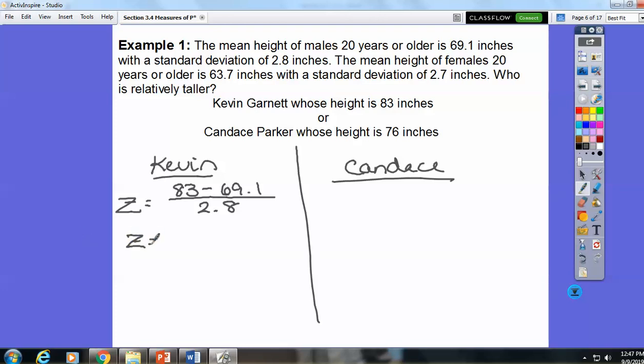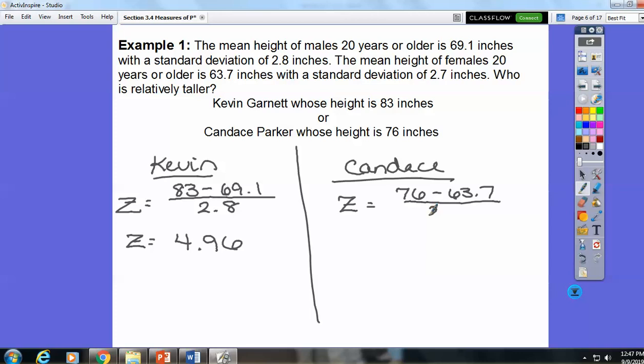And so, typically z-scores we round to 2 decimal places. 4.96 is his z-score. So Candace, her height is 76. What is the mean height for the females?